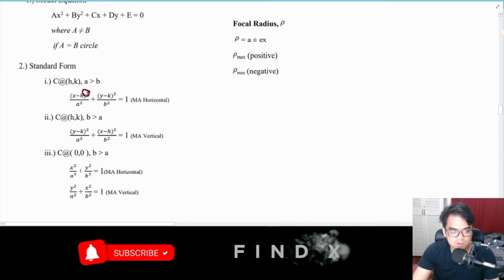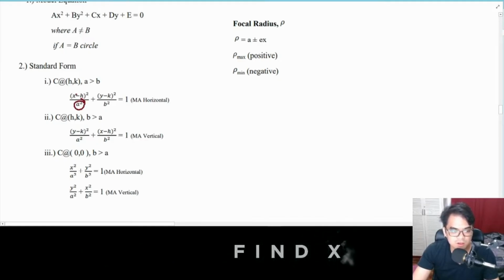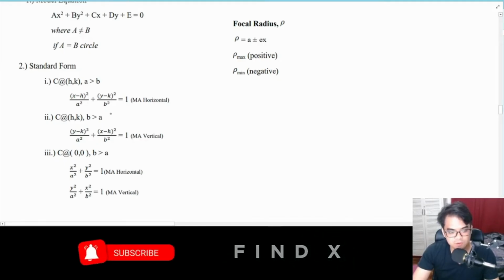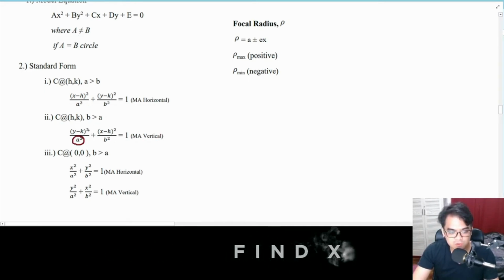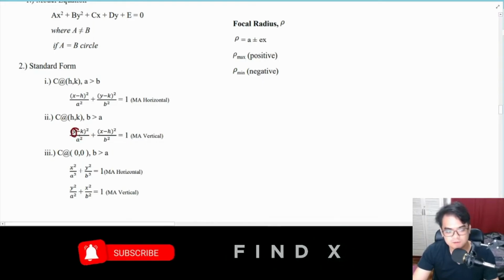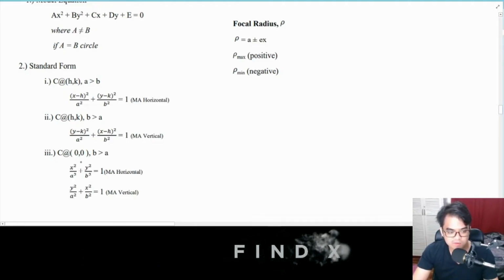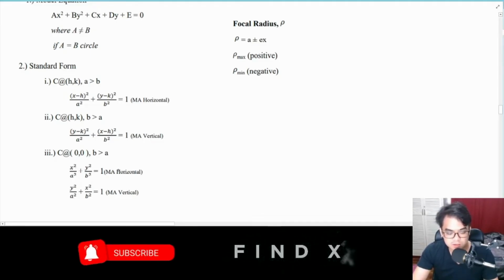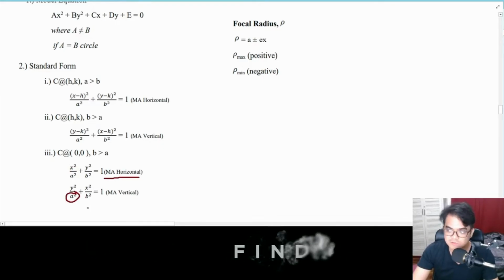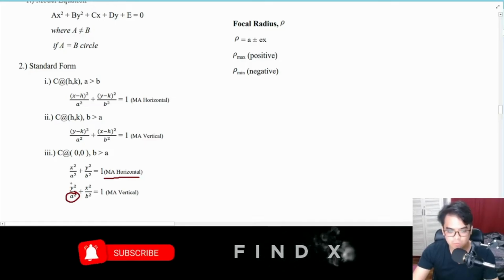Because the a squared is with x. And then here the major axis will be vertical since a squared is with y. Next, it is just the same. So just remove h and k, and the center is at the origin. So again, the major axis is horizontal because a squared is with x, and then here the major axis is vertical because a squared is with y.